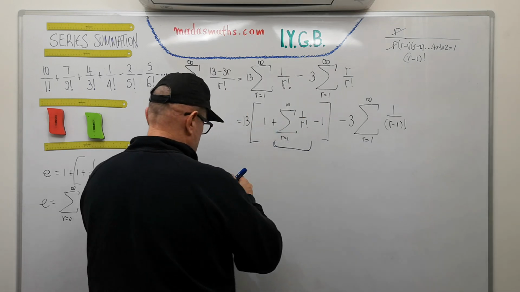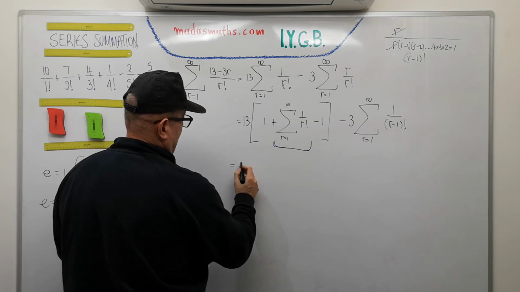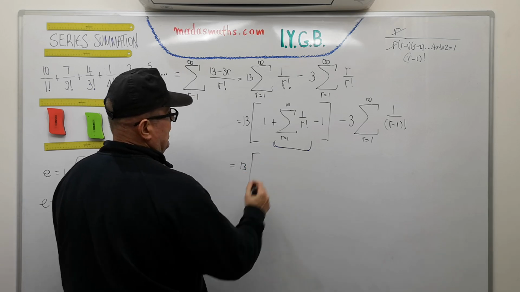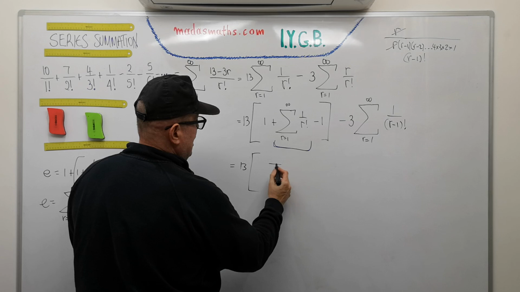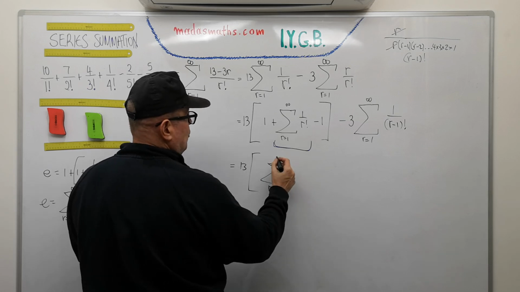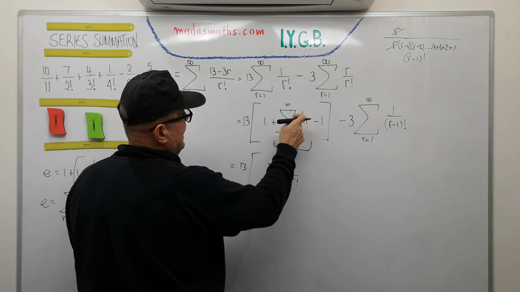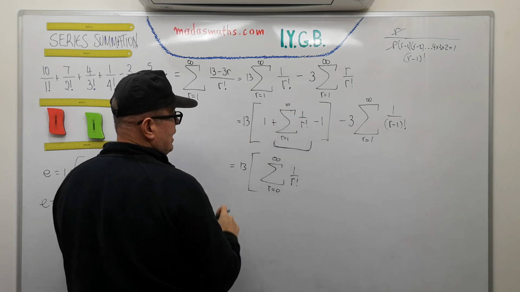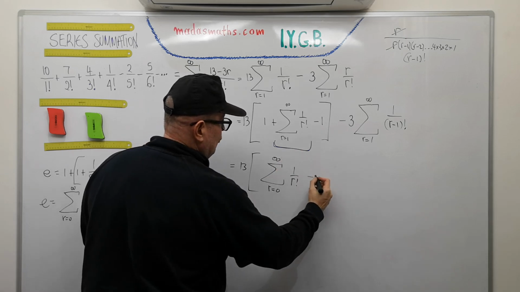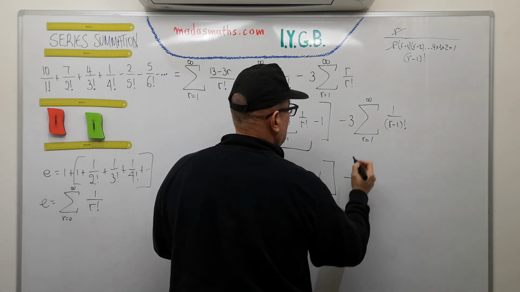So this now will become 13 times the square bracket. This I can write in sigma notation now, from r equals 0 to infinity of 1 over r factorial. That is now the sigma plus the 1 I've just added, minus a 1. Okay, and what happens to this one?